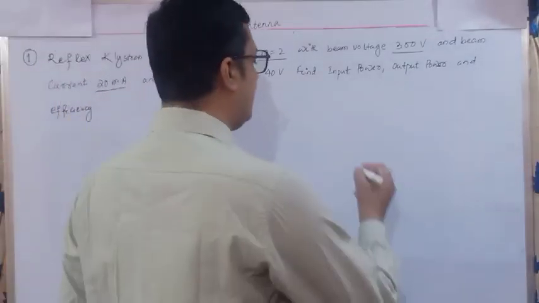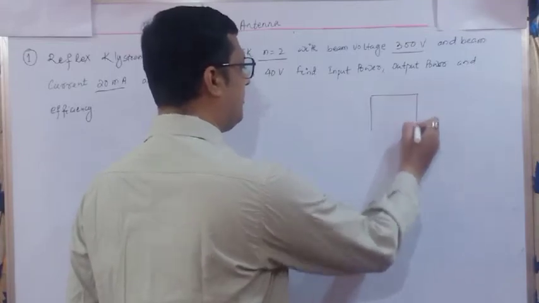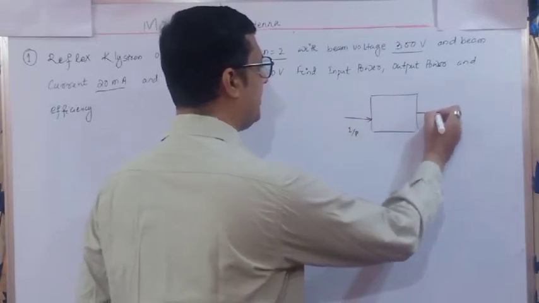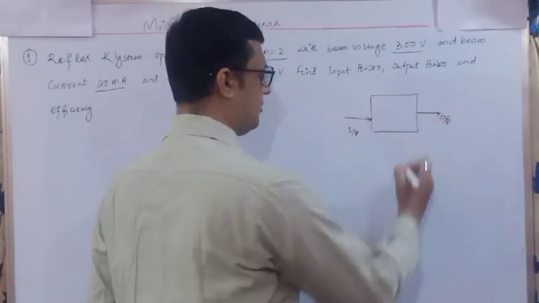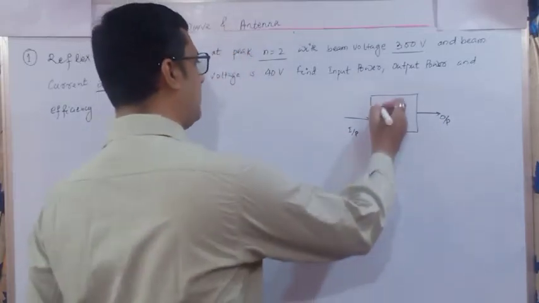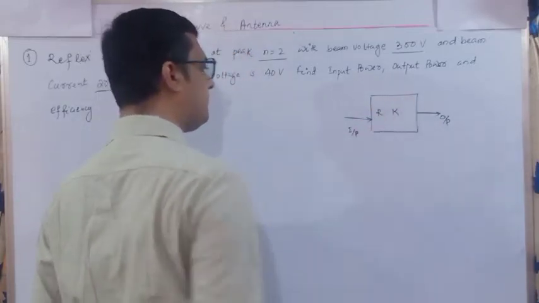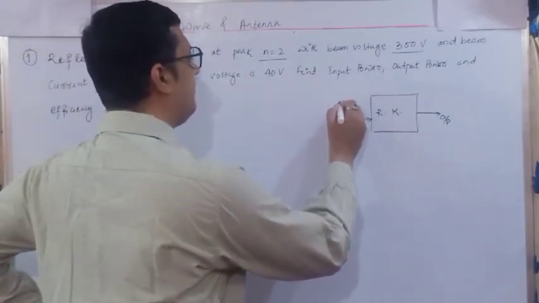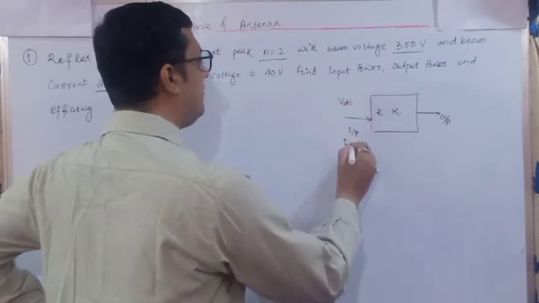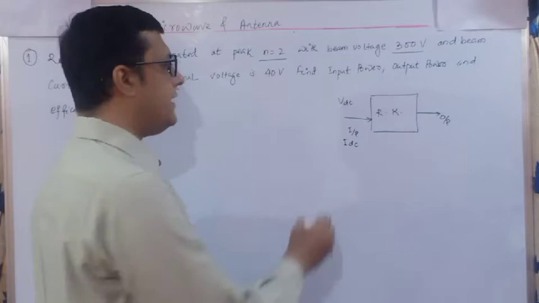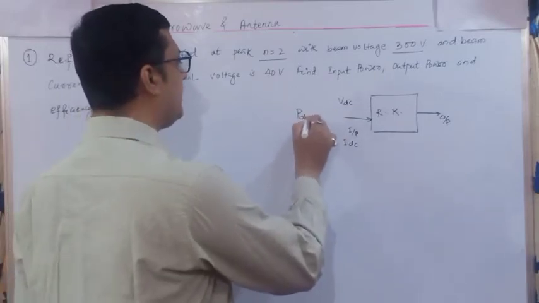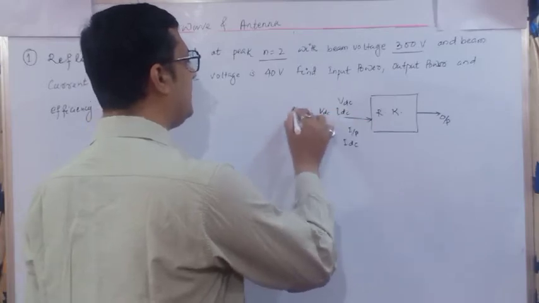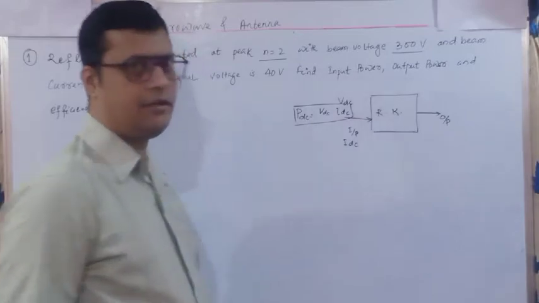Now for simplicity, let me draw a box in which we are providing input and getting some output. This is a black box. Let this black box be a reflex klystron, RK. At the input we are providing a DC beam voltage V DC and DC beam current I DC. So my input is P DC equals V DC into I DC.